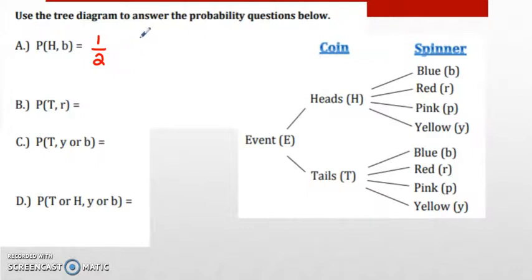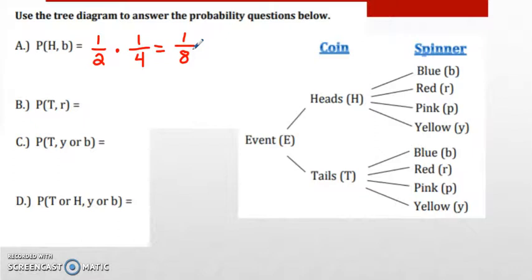On the spinner, we have 1 blue space on the spinner, and there are 4 total spaces. With compound probability, we multiply those two together to get a final probability of both events occurring as 1/8.